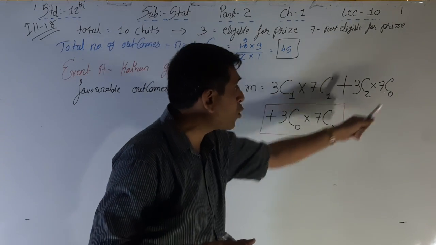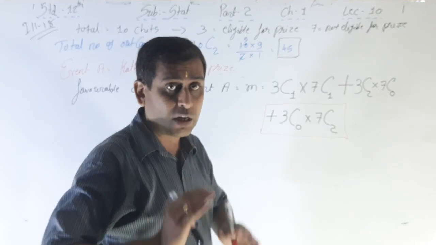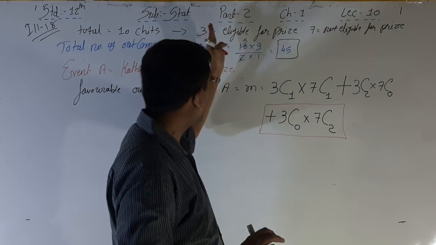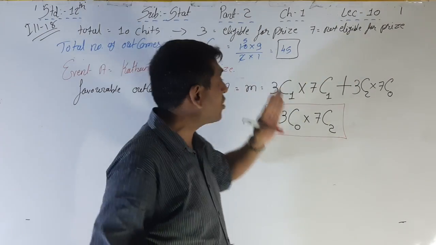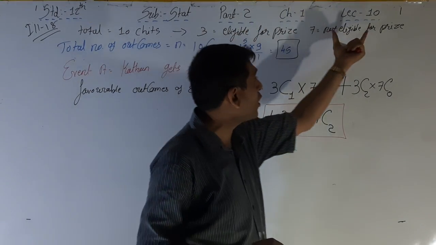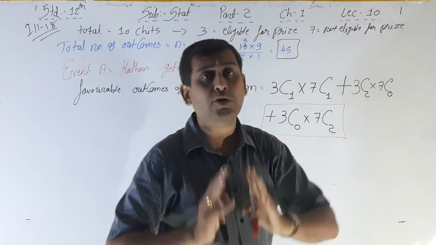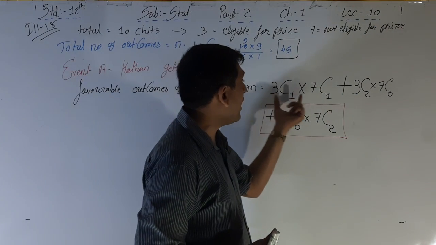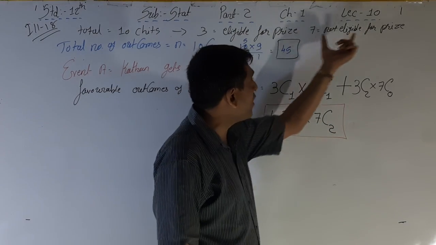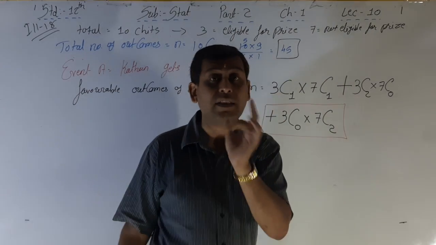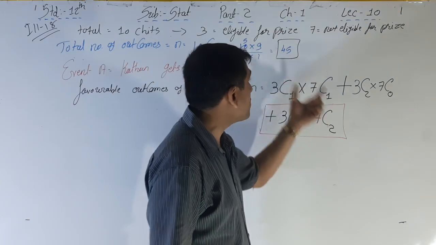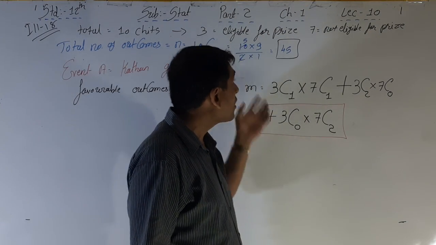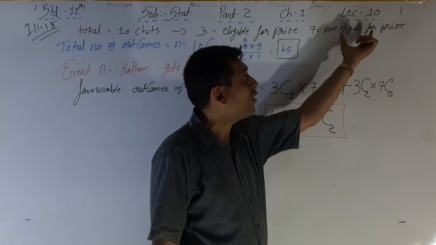See, total 3 possibilities are there. Kathan gets 2 cheats from this, none from this. Kathan gets 1 from this and 1 from this. And the third possibility is no cheats from this, only 2 cheats from this. Total 3 possibilities are there. So here, first possibility that Kathan gets 1 from these and 1 from these, or means that's why plus. Or the second possibility is Kathan gets 2 from these, none from these, or Kathan gets 0 from these and 2 from this.